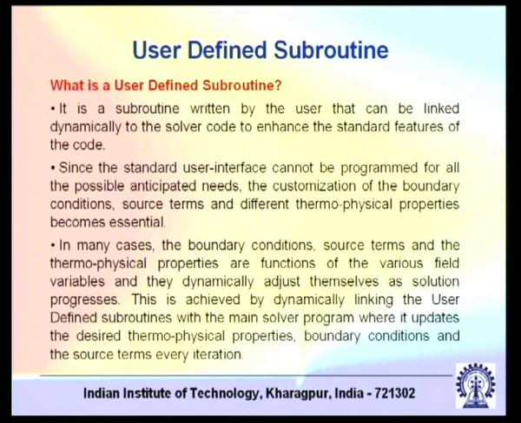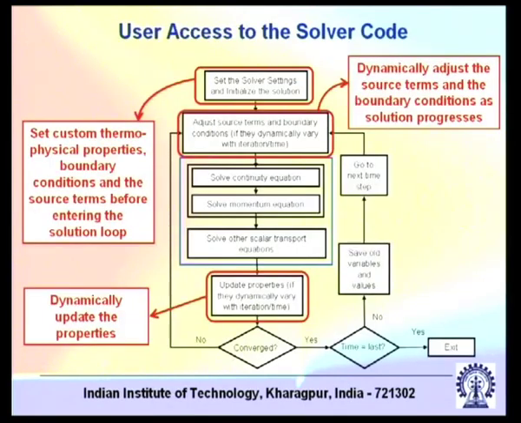In many cases these need to be dynamically adjusted during the solution procedure. This is achieved by dynamically linking the user defined subroutines with the main solver program, where it updates the desired thermophysical properties, boundary conditions and the source term with every iteration.